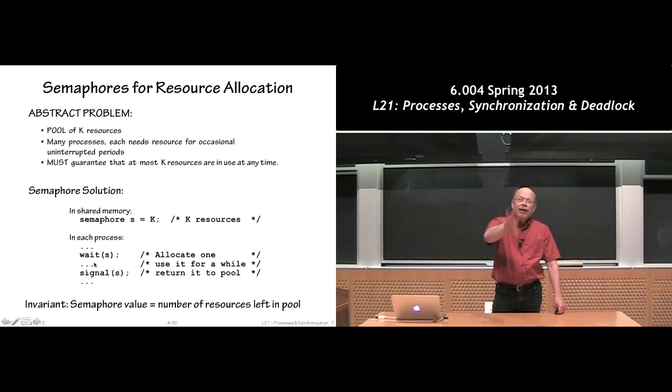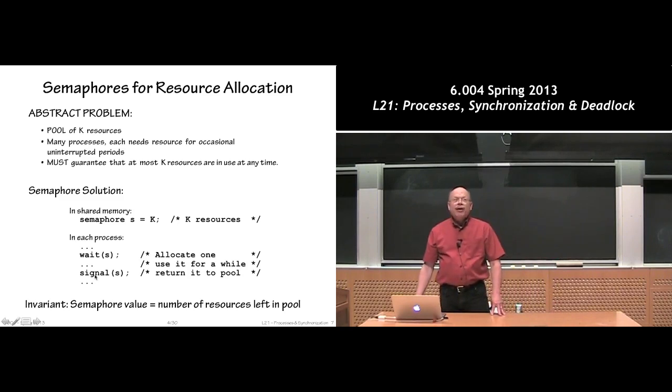So now the number out there is 1 less than it was because you've taken one, and you can use it. And when you're all done, you signal that you're done. So you wait until you can use it, and then you signal when you're done.